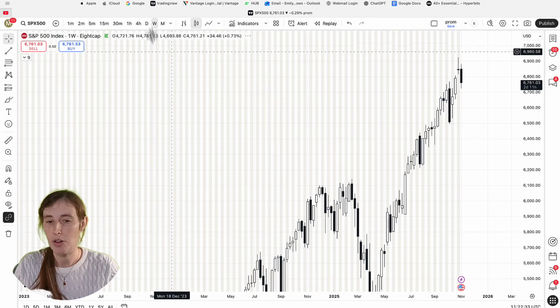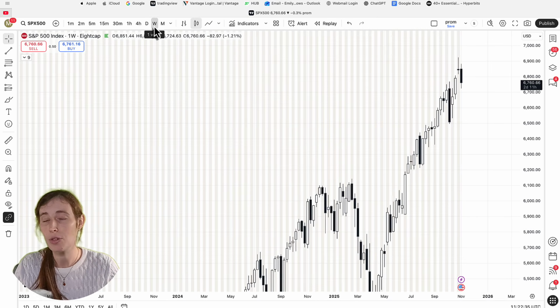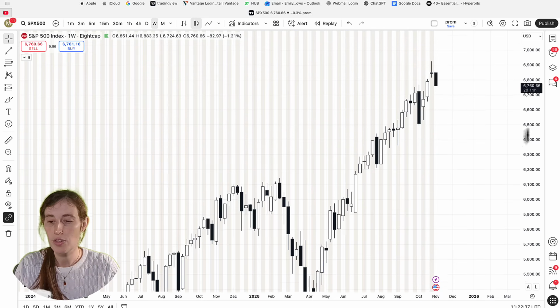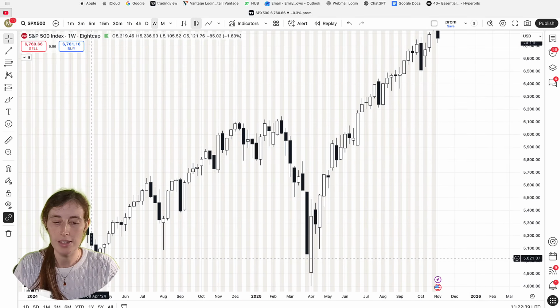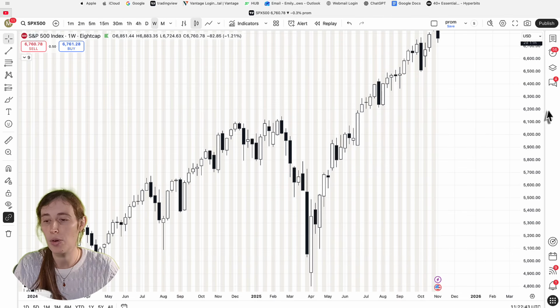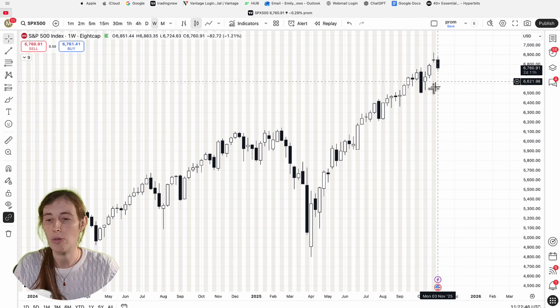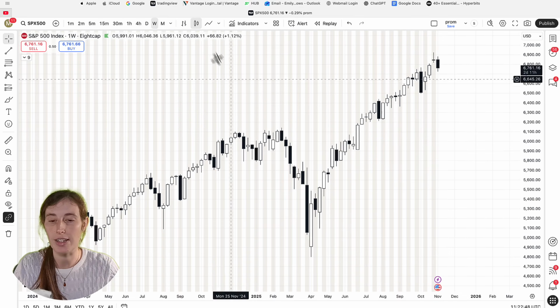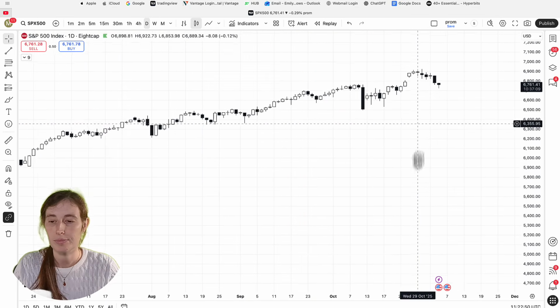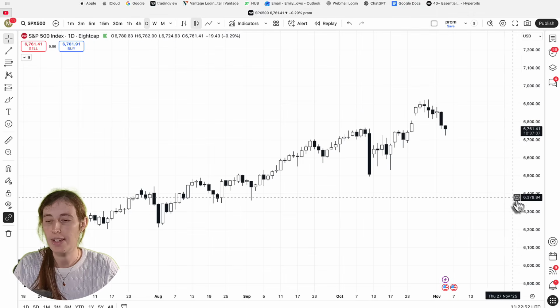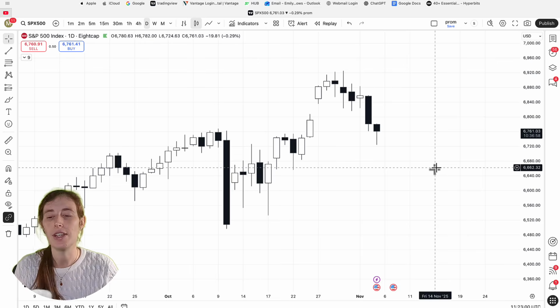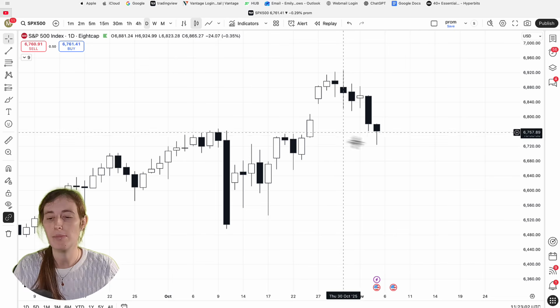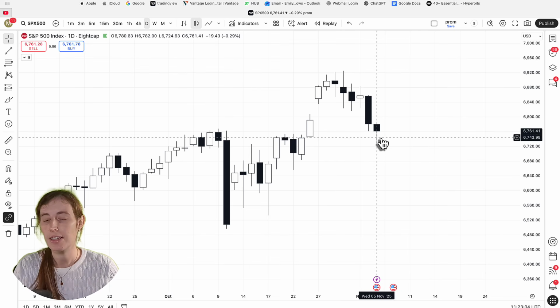If you want, you could move up a level to the weekly time frame, which gives you more candlesticks of data. So we can go back here to the beginning of 2024, because each candlestick represents a week's worth of data. And from the daily here, if you were looking to day trade, you could focus on the more intermediate candlesticks.